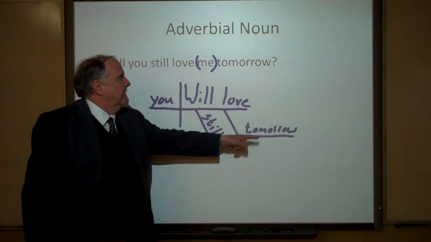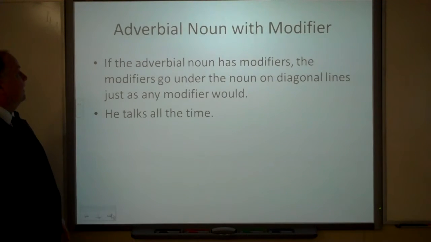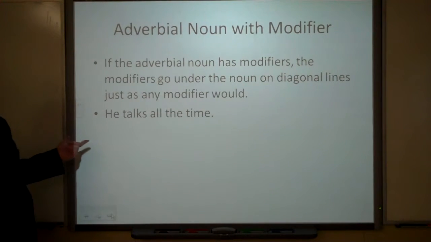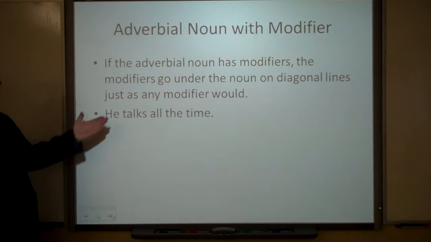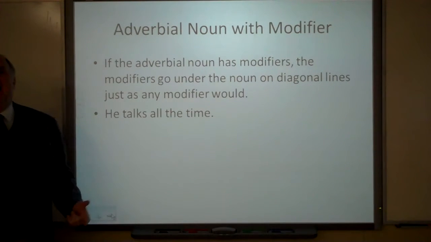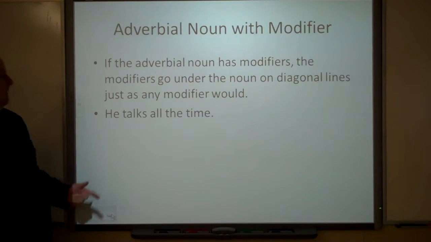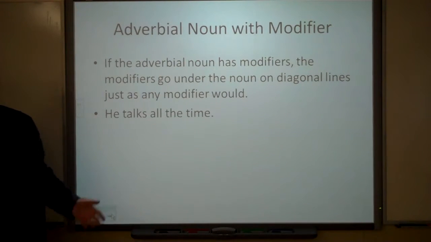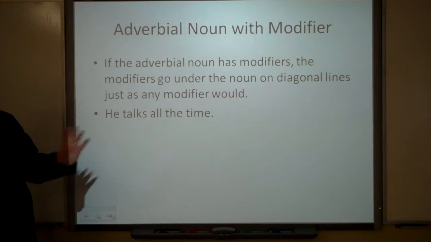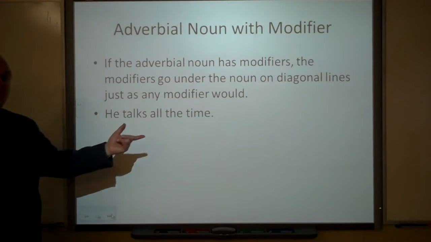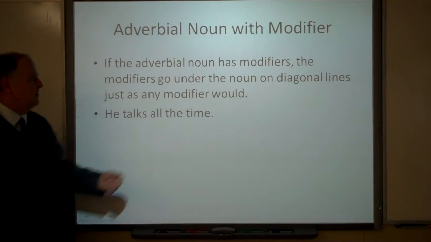But you can see this is where the adverbial noun goes. Now, if the adverbial noun has modifiers, the modifiers go under the noun on diagonal lines, just as any modifier would. So, okay, he talks all the time. Time here modifies talks. When does he talk? All the time. Time is the noun, the thing, but it's also answering the question when.